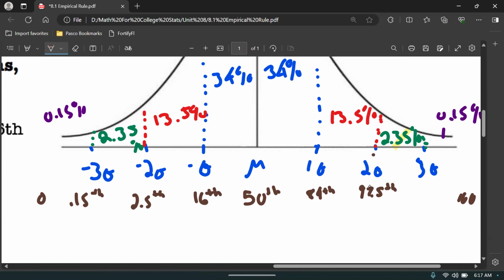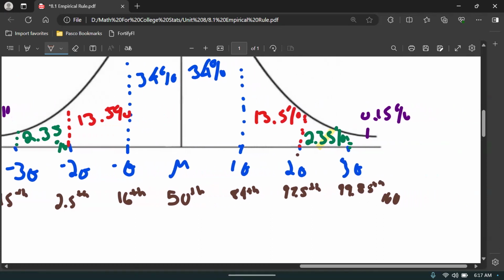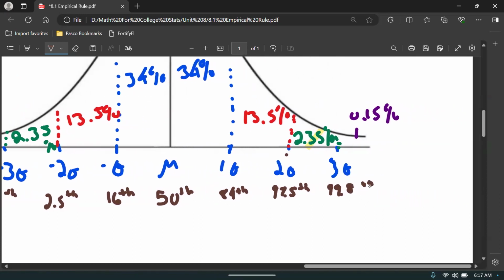We add 2.35. This will put us all the way at the 99.85 percentile. And then if you go all the way down to infinity, you'd be at the 100th percentile, but you'd have to go all the way to infinity to get to that.